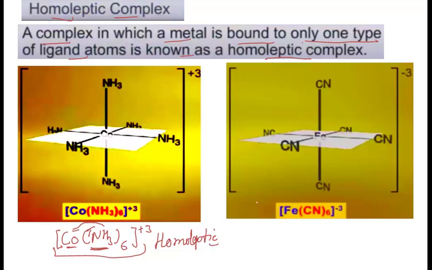Another example is given to you: [Fe(CN)6]3-. Again, only one ligand, CN, is there. Although it is present 6 times, it is only CN. So that's why it will be called homoleptic. Okay, so this is homoleptic.